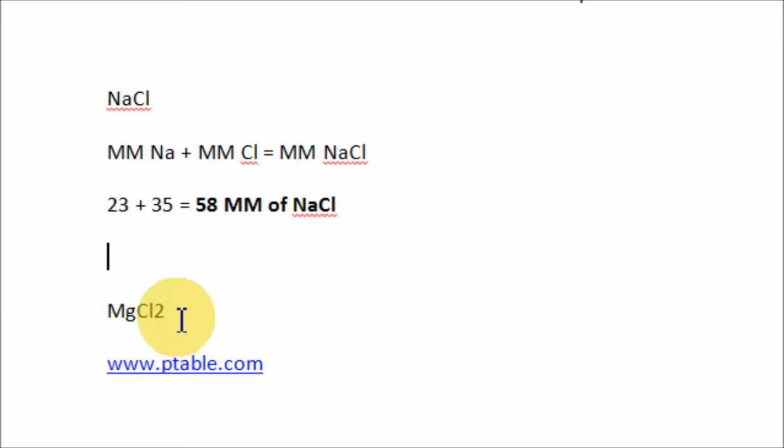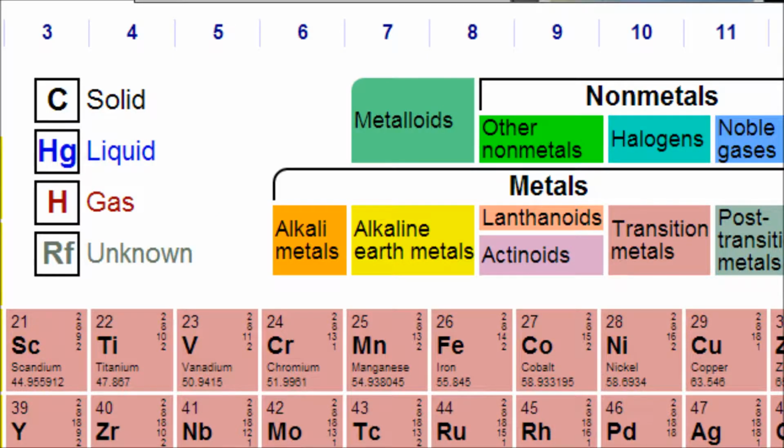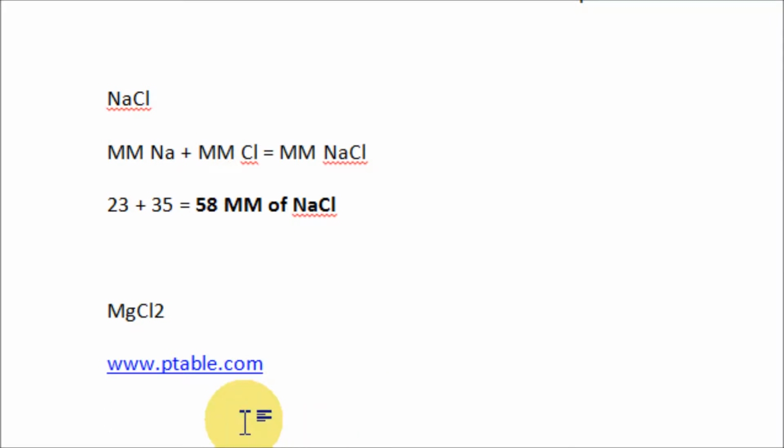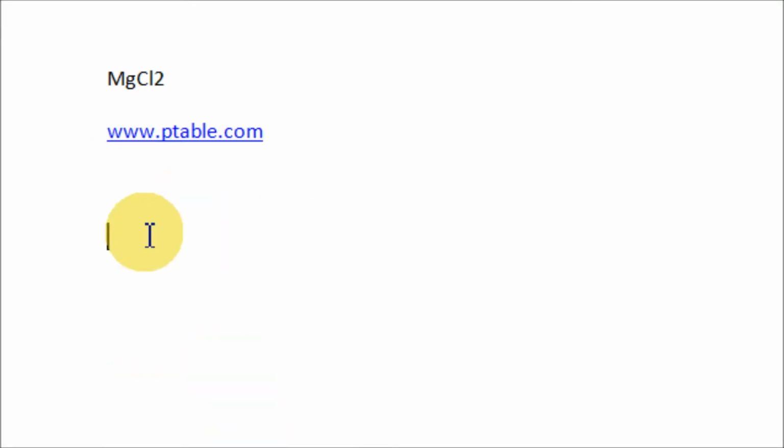So now try finding the molecular mass of magnesium chloride, MgCl2. I was just on ptable.com. That's the periodic table online. You can do it with any periodic table if you have one, but if you don't, just go to ptable.com. They have a good online periodic table, and you should easily be able to find the molecular mass of MgCl2. Hold on, that's not quite fair of me. I forgot to mention something.